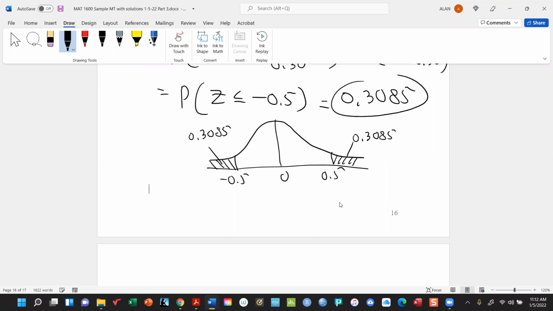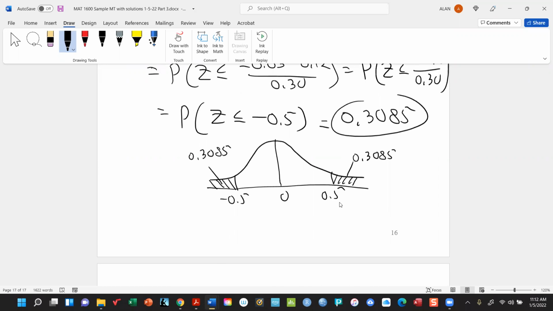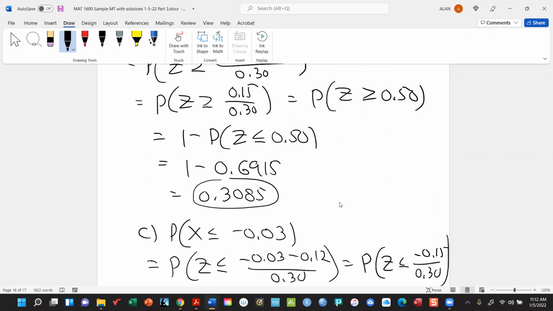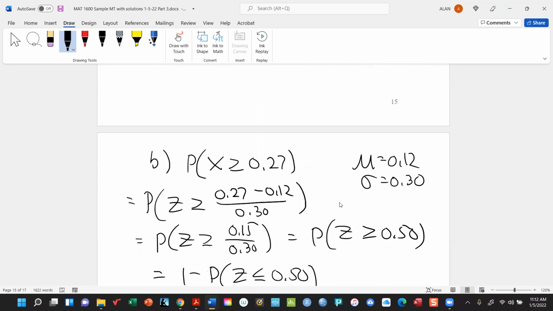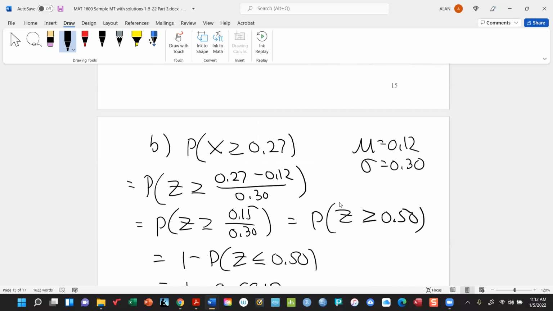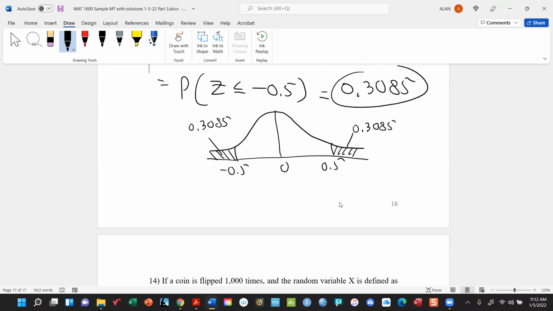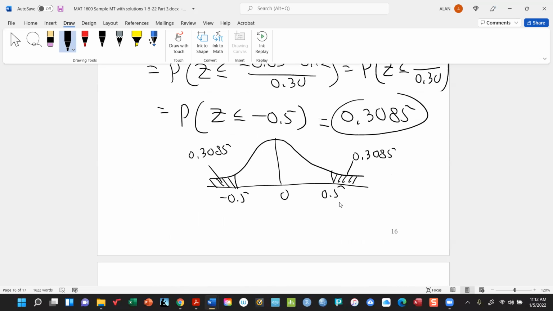Because of the symmetry of the distribution, this section is part C. Part B was the probability that Z is greater than or equal to 0.5. So they have to be the same number. You should not be surprised to notice that these are exactly the same answers. They should be the same.